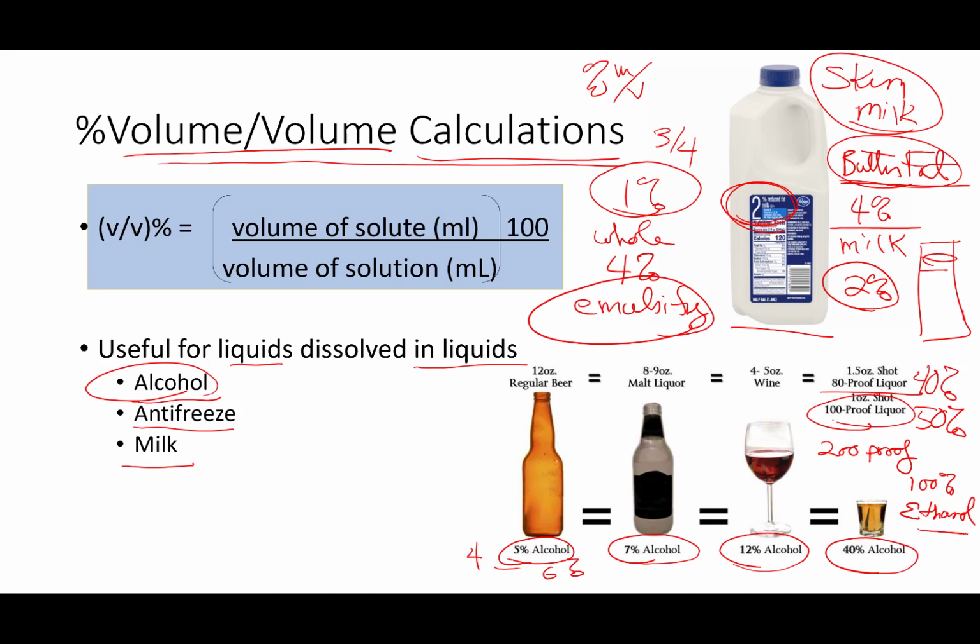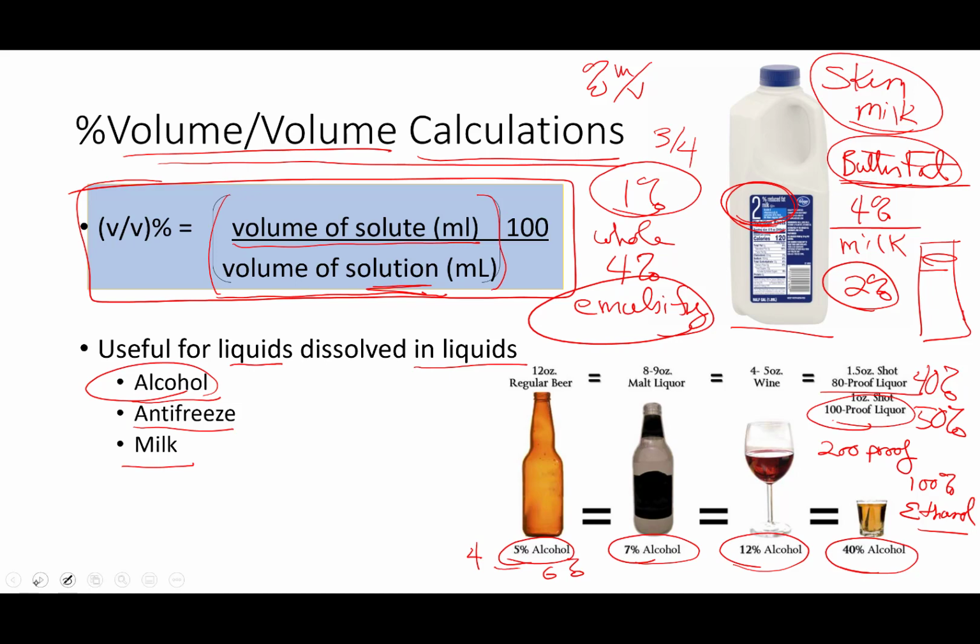And that is how the numbers between proof and percent concentration of the alcohol content work. This is the equation we're going to use. Same format as that percent mass calculation. Volume of solute over volume of the entire solution times 100 to make it a percentage.